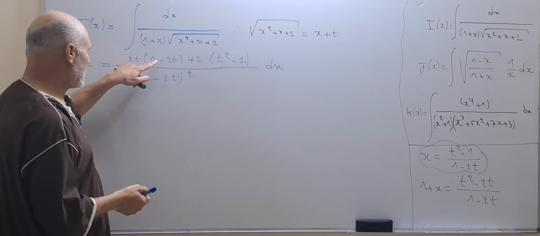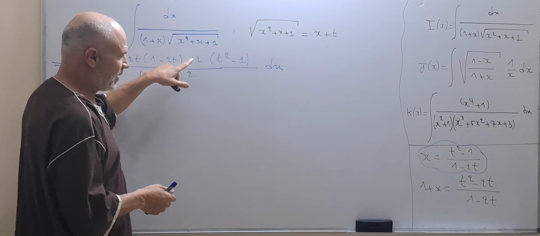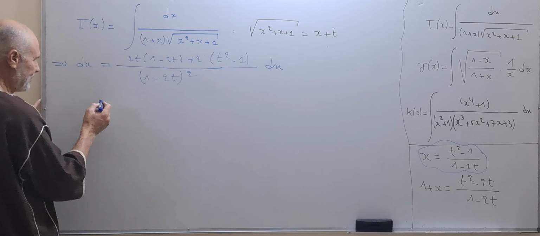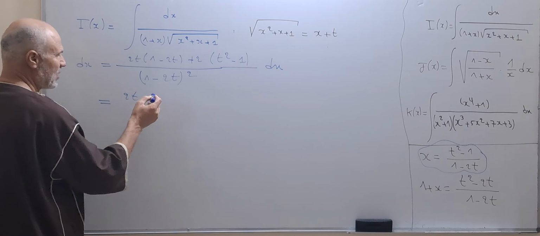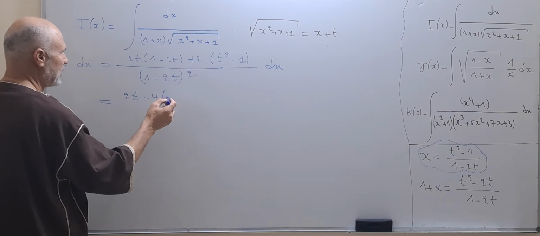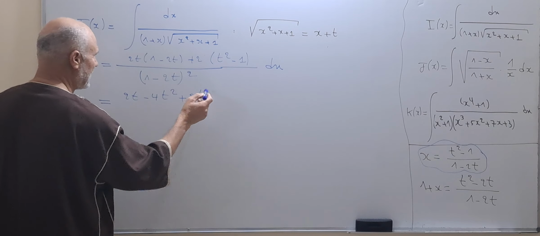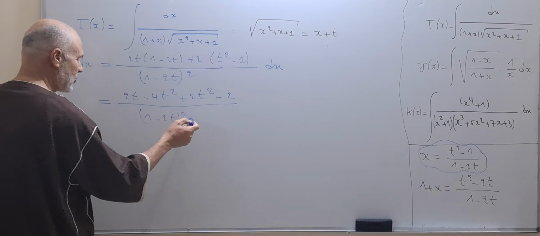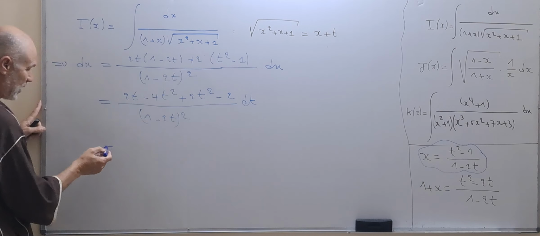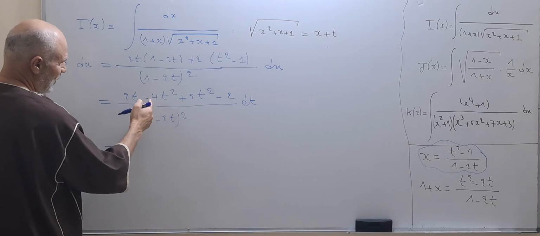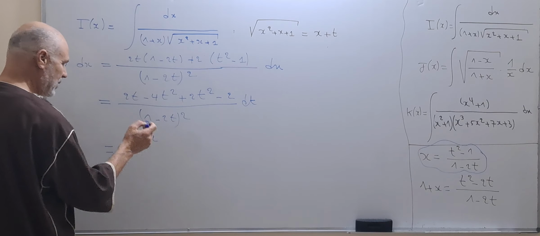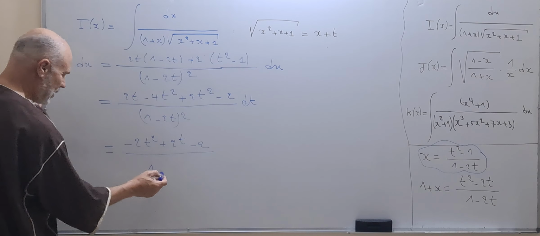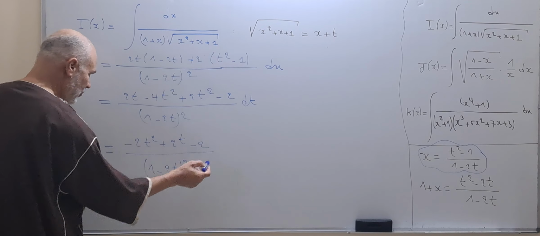We have 2t times 1 minus 2t, it's okay, plus 2 times t squared minus 1, which gives 2t minus 4t squared plus 2t squared minus 2 over 1 minus 2t squared dt, which is equal to minus 2t squared plus 2t minus 2 over 1 minus 2t squared dt.